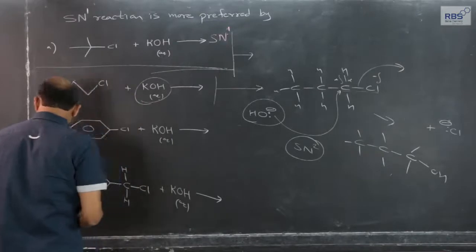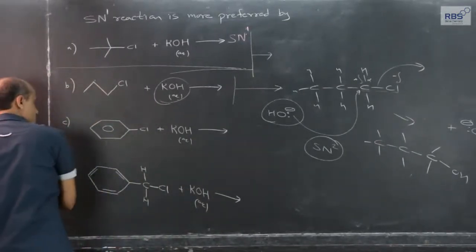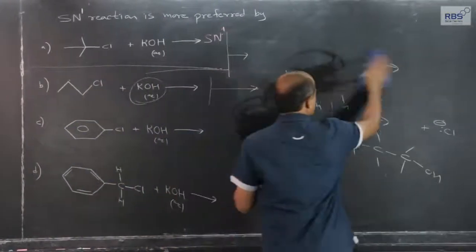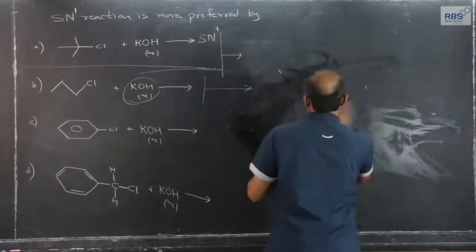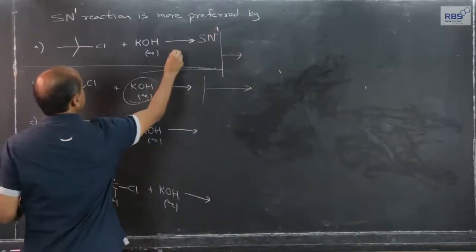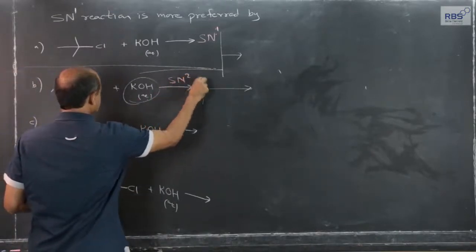Now, I will switch over to option C. It is chlorobenzene. Just now we have covered that this will take place as per SN1, and this one will be SN2.